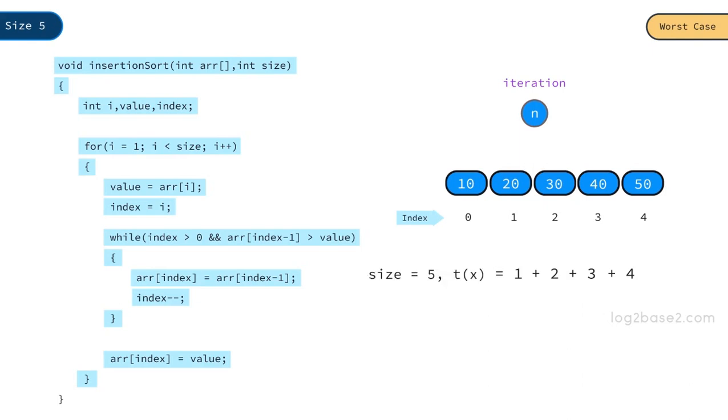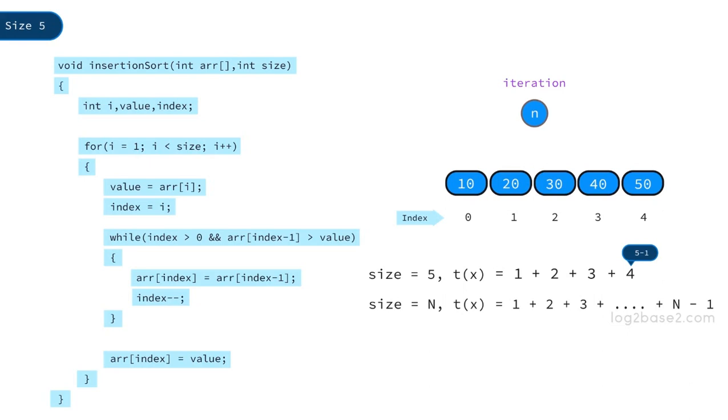So when size equals 5, the total time taken is T(x) = 1 plus 2 plus 3 plus 4. That is 5 minus 1, which is size minus 1. In general, when size equals n, we will have T(x) = 1 plus 2 plus 3 plus etc. plus n minus 1. And we know that the sum of natural numbers from 1 to n is n into n plus 1 by 2.